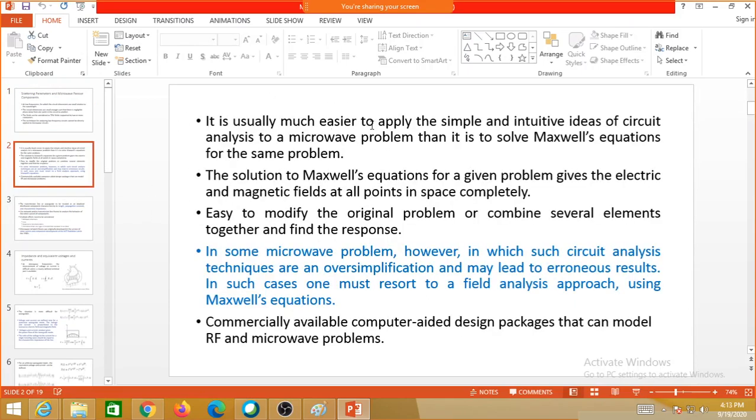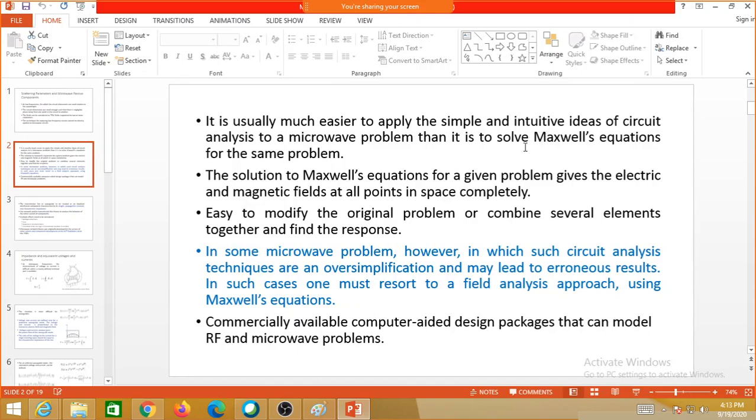Generally, if you take any microwave problem or high frequency circuit analysis, it is much easier to apply circuit analysis than Maxwell's equations. For example, if you want to analyze field quantities like electric field or magnetic field for a particular microwave problem, you can use Maxwell's equations.